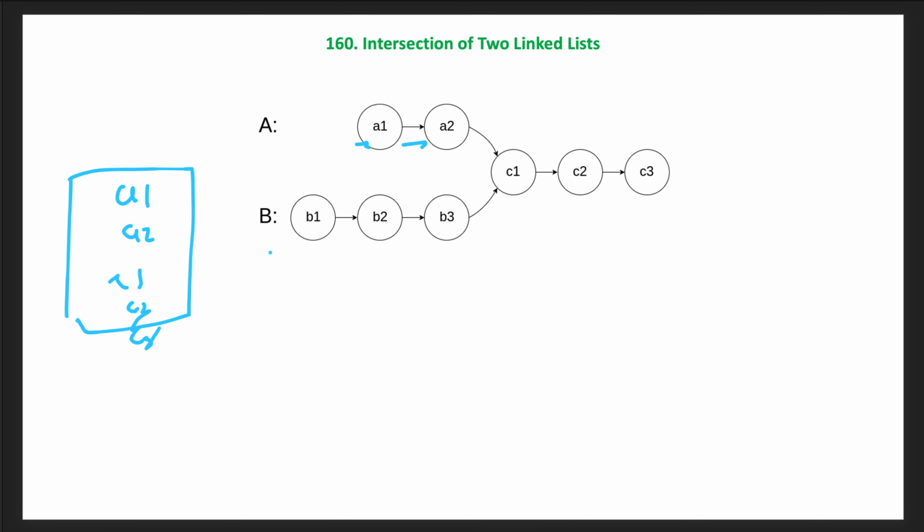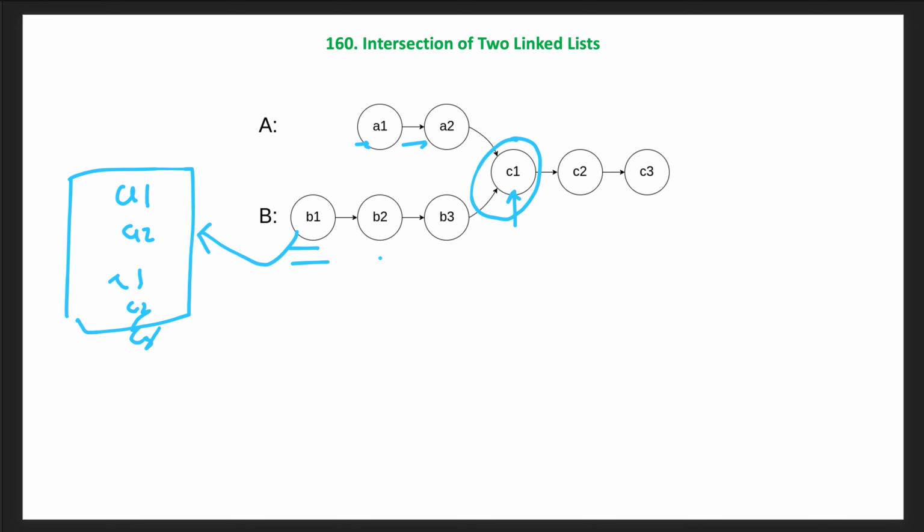In the second step we start iterating list B, and for each node one by one we check whether it is already present in the hashset or not. As soon as we find one, we return that node as the intersecting node. So B1 is not in the hashset, similarly B2 and B3 are not. As soon as we reach C1, C1 will be in the hashset.